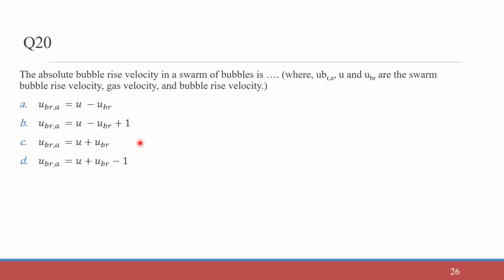So if we take the equation alone, we have UBRA is equal to U plus UBR. Here UBRA is the swarm bubble rise velocity, U is the gas velocity, and UBR is the bubble rise velocity. So answer is option C. Option C is the right answer. UBRA is equal to U plus UBR.